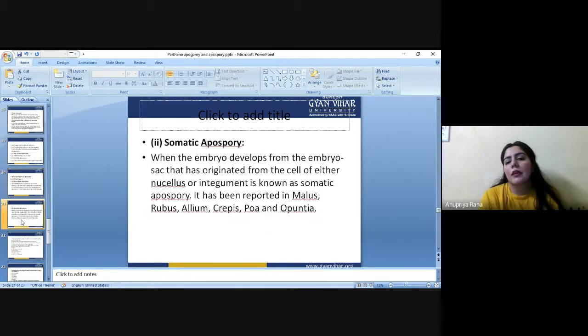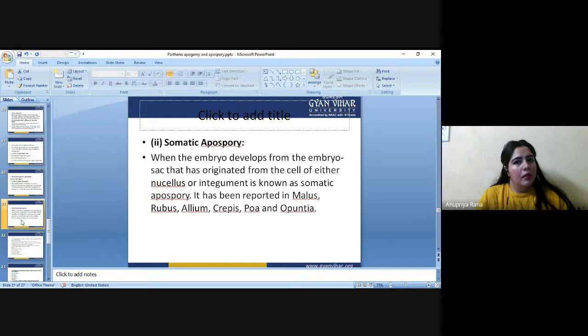It is the reverse in the case of somatic apospory. When the embryo develops from an embryo sac that has originated from a cell of either the nucellus or the integument, it is known as somatic apospory. So the embryo sac from which the embryo develops has to originate from a cell of the nucellus or integument.